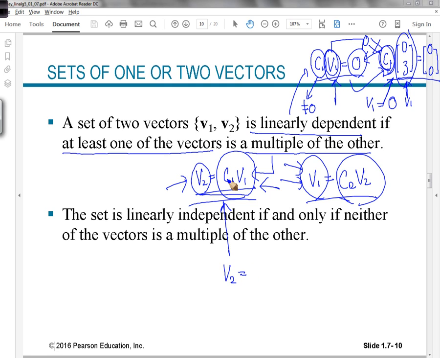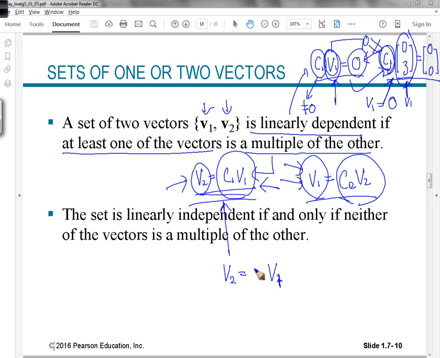Okay, so there should be one assumption, which is that these two vectors are not zero. That's one assumption that we start with, because we kind of excluded that situation from the beginning, right? So V1 and V2 are not zero vectors.